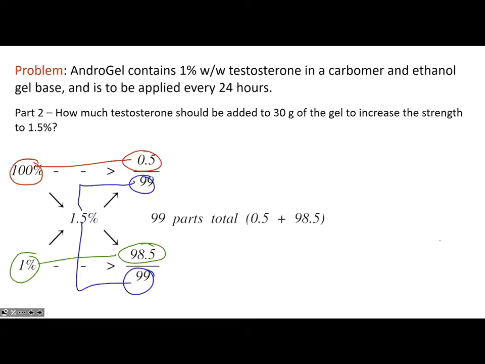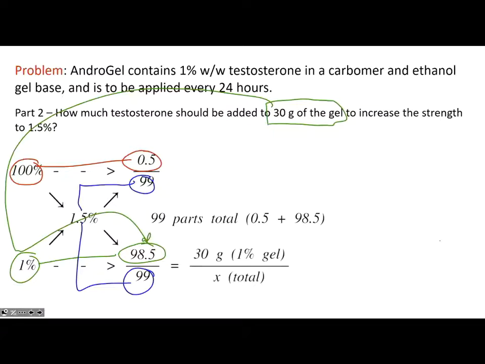Good. How do we go from there? What we know is that we have 30 grams of the gel to start with. Which one of those parts represents the gel that we're starting with? The 1%, right? It's a 1% gel. So I can set that equal to the fact that I'm starting with 30 grams of the 98.5 parts.